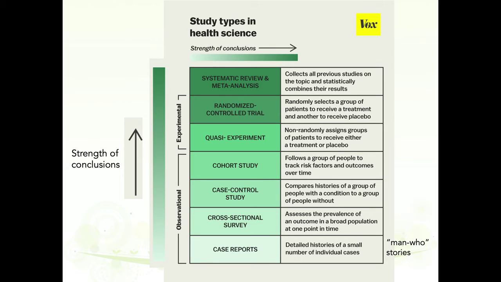If you say, I have an aunt who lived to 103 and she smoked a pack of cigarettes a day, that's man-who, because you say, I know a man who. And it is evidence, absolutely. It's just the weakest form of evidence in this table. So we can think about our case control, you see that here, our quasi-experiments, our controlled trials, and then a combination of controlled trials into systematic reviews and meta-analysis.